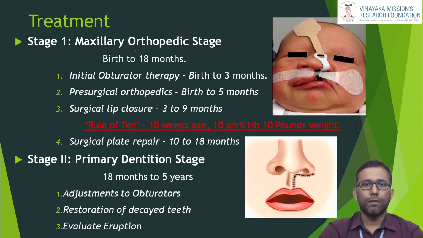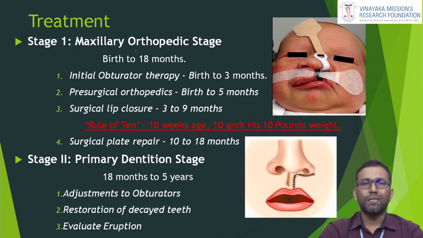There will be nasal regurgitation between birth and 3 months, and if you don't give an obturator, the child will not be able to take a proper feed, either breastfeed or solid food after a few months. So there will be a detrimental effect on the growth of the child. So this has to be corrected by giving an obturator, and it has to be modified as the child grows.